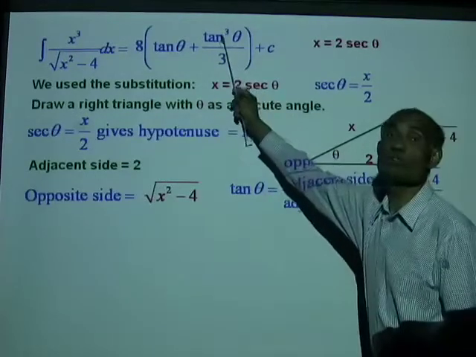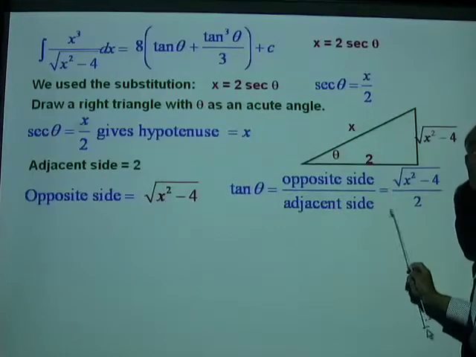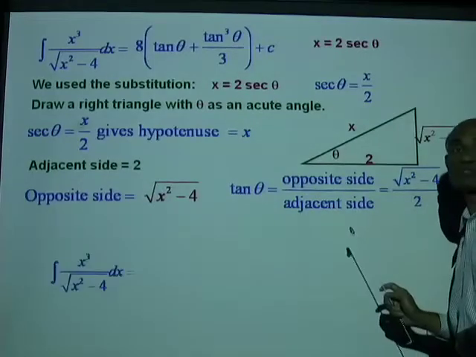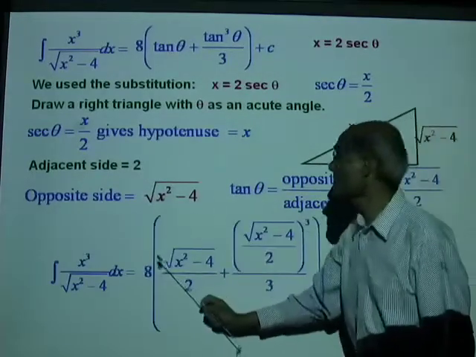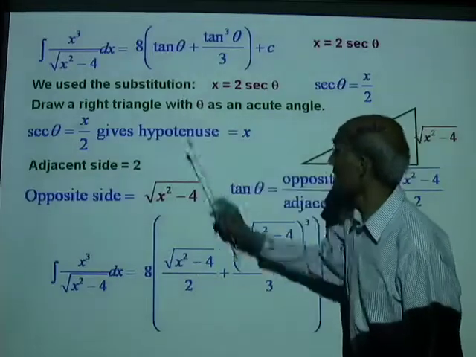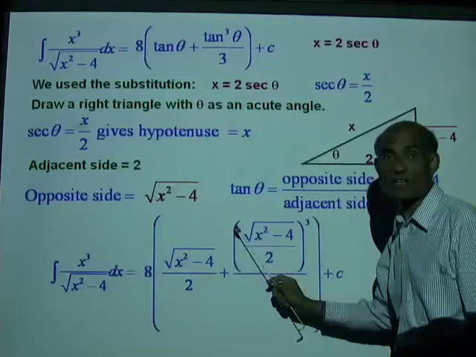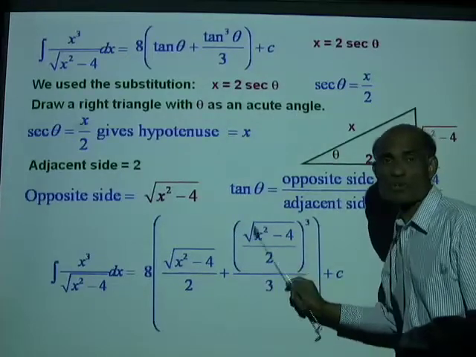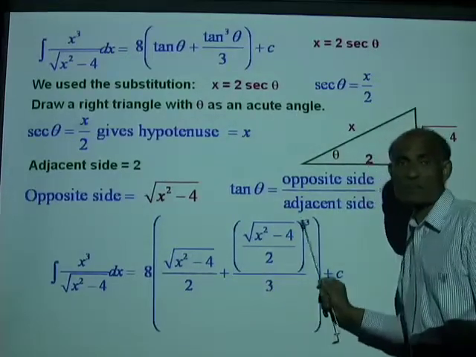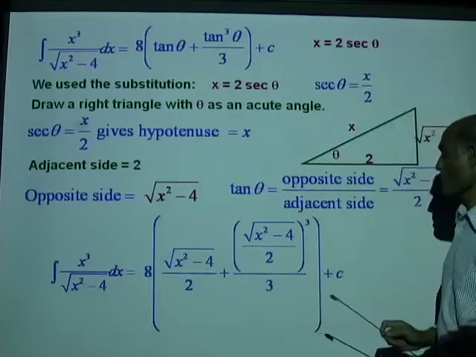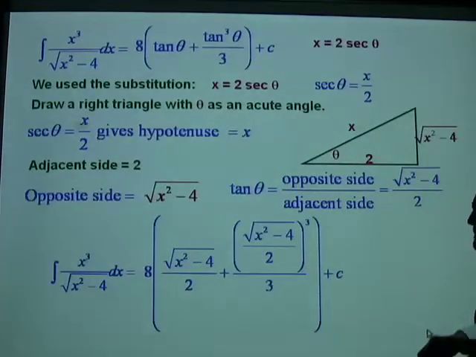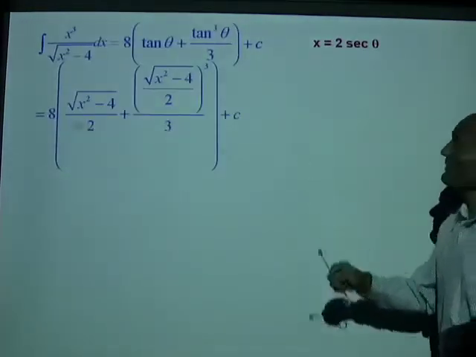And tan cube theta will be raising the whole thing to the power 3. So we have tan theta, that is this, plus tan cube theta, you raise the quantity tan theta to the power 3. Alright, how do we simplify this? Let's simplify this.